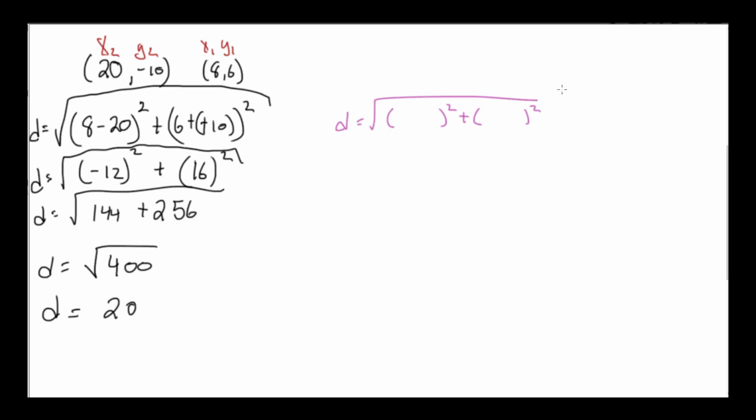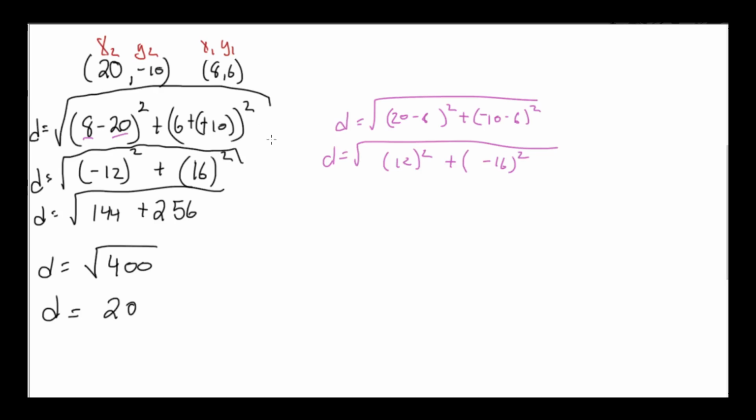So last time we had 8 minus 20. Well, this time we're doing x2 minus x1, so we're going to have 20 minus 8. And therefore we have to have y2, which is negative 10 minus 6. And we're going to keep doing the problem right on down like we did before. Well, we now have 12 squared plus negative 16 squared.